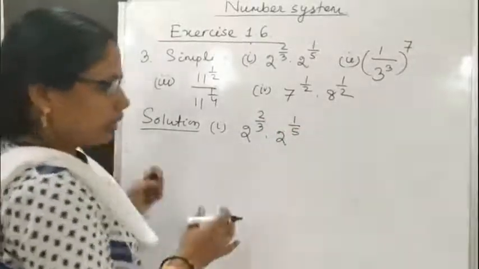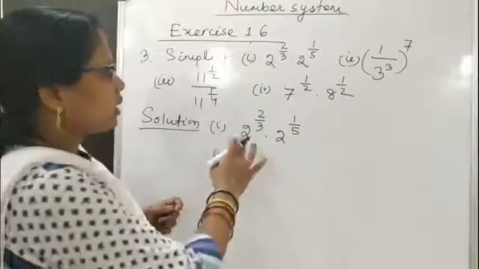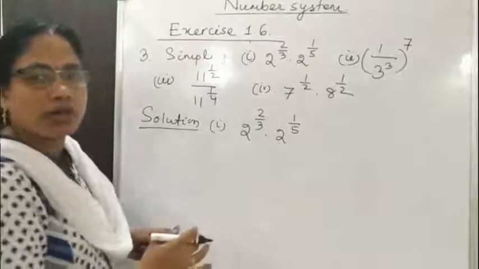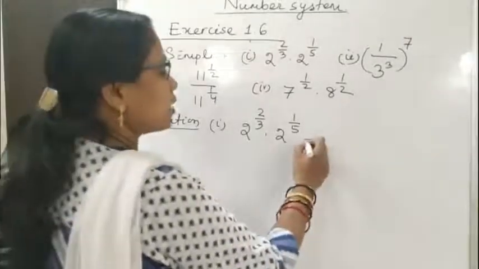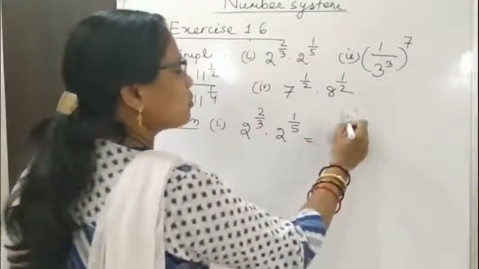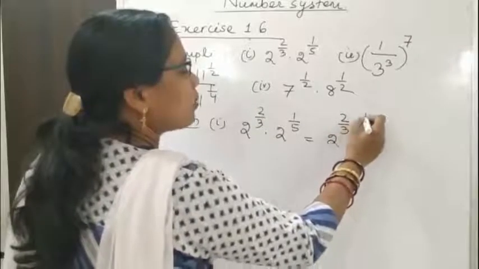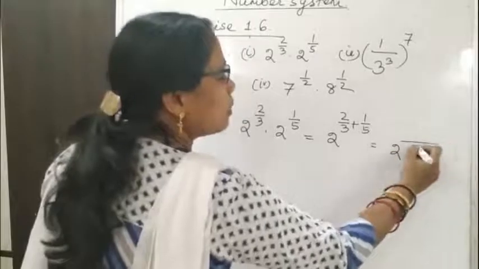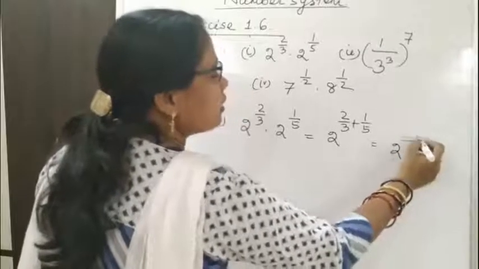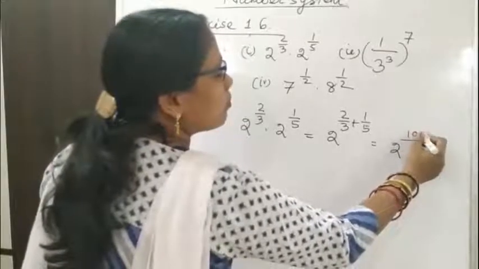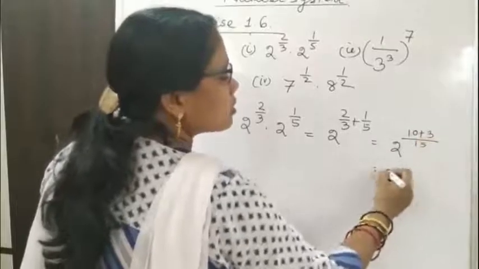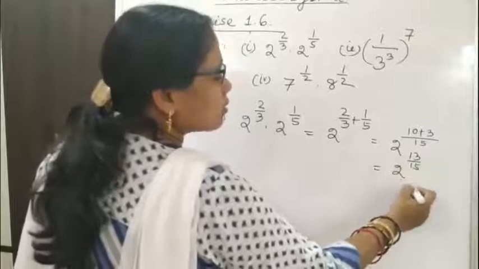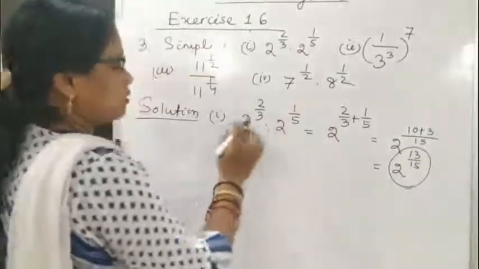So we will apply the law, that is a to the power m into a to the power n is equal to a to the power m plus n. So this is equal to 2 to the power 2 by 3 plus 1 by 5. So LCM is 15, then 10 plus 3. So this is equal to 2 to the power 13 by 15. So this is the answer for first one.